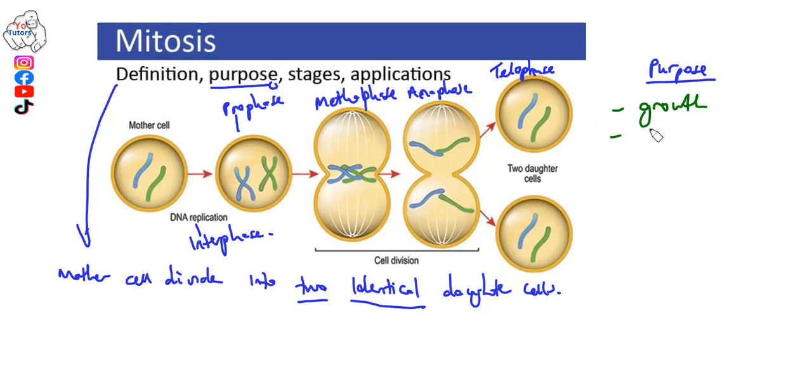That's how we grow. Also, if you get a scar, you see the repair of worn out or damaged tissues. A scar on your body can be replaced in no time, and you won't see any differences because new cells are formed and they are identical to the previous cells.